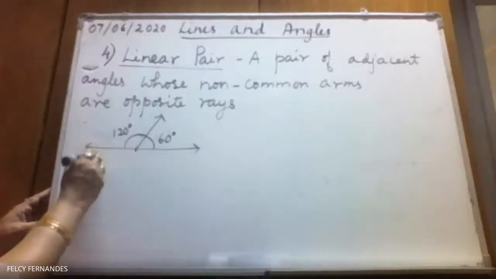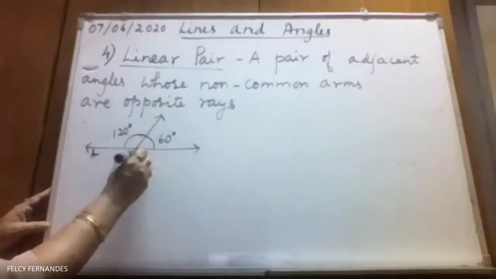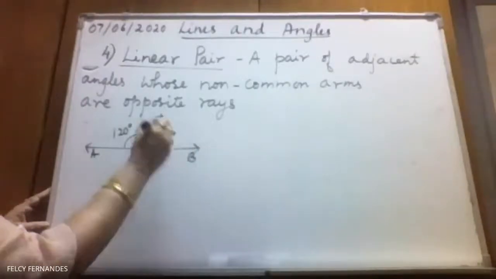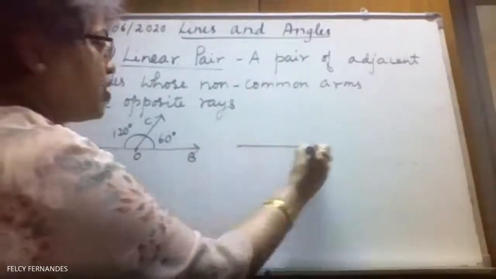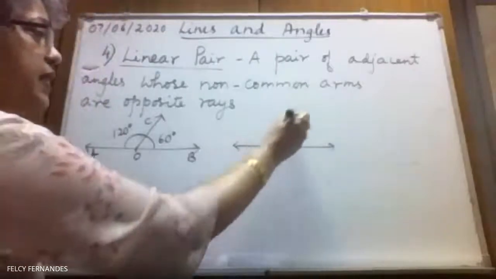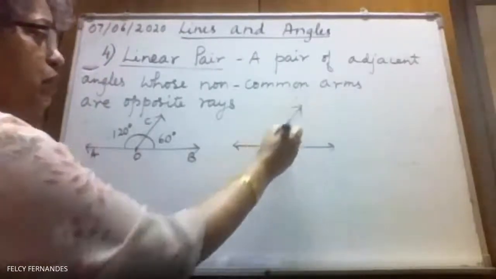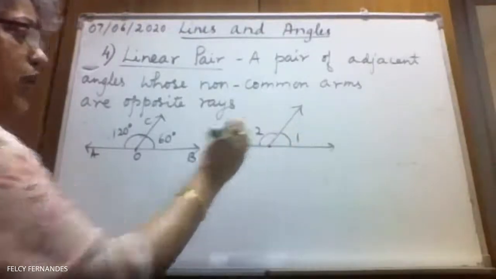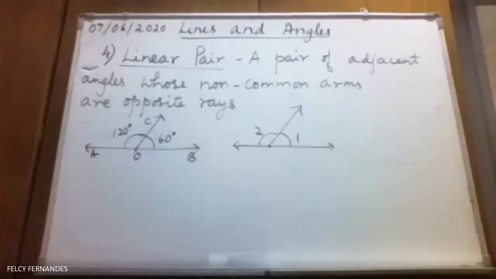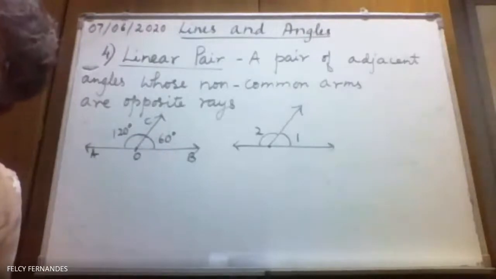And I can label this: A, O, B, and C. In general, we can draw another diagram, one more diagram like this, and name those angles as angle 1 and angle 2.